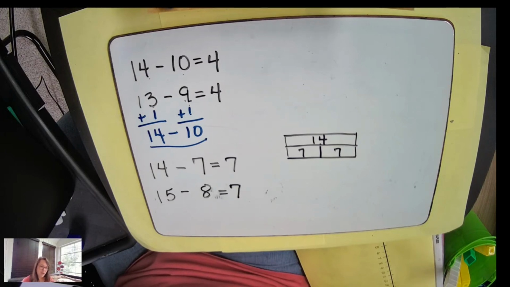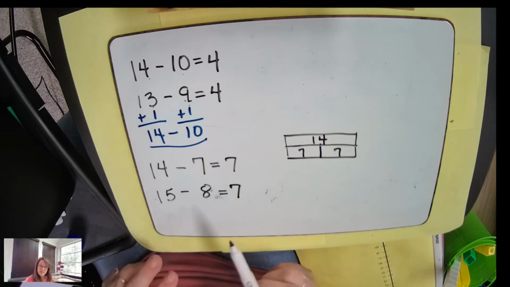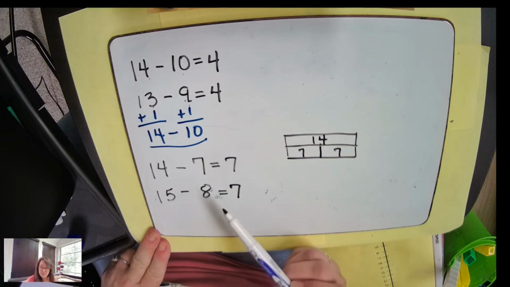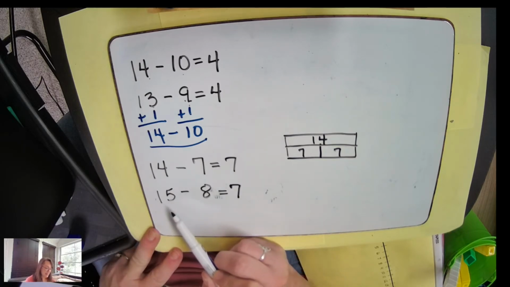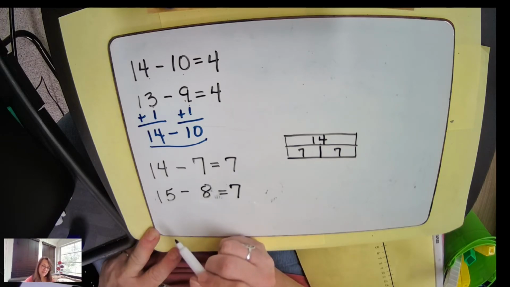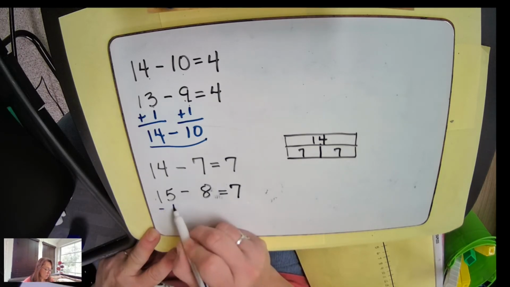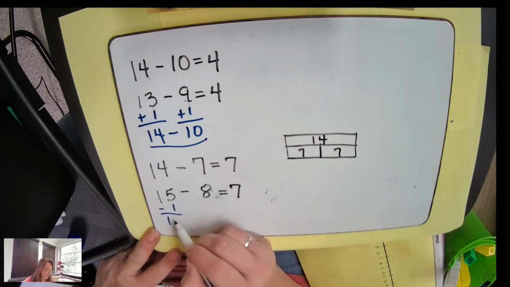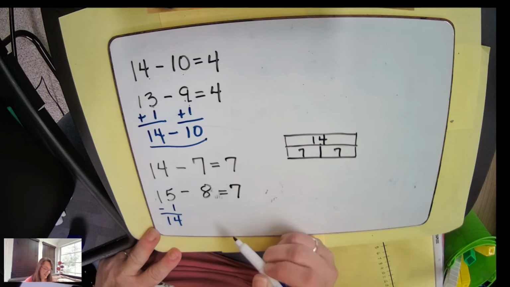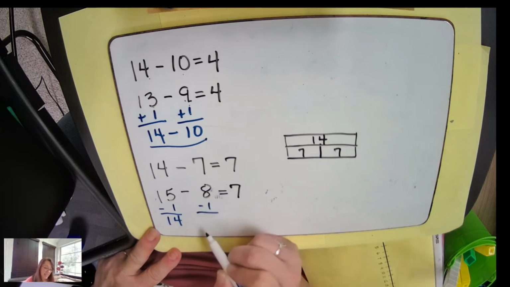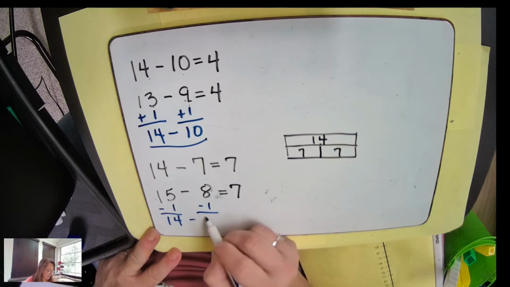Cameron, tell us how you were thinking about this problem. Okay, so Cameron says that he was thinking about keeping the constant difference. So, to make this a friendlier problem, what did you do, Cameron? Cameron says that he decided to subtract 1 from each of the numbers in the problem so that he could have a friendlier problem.